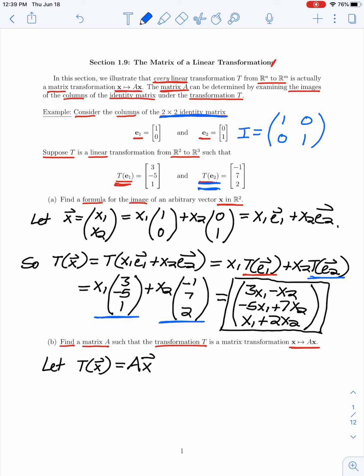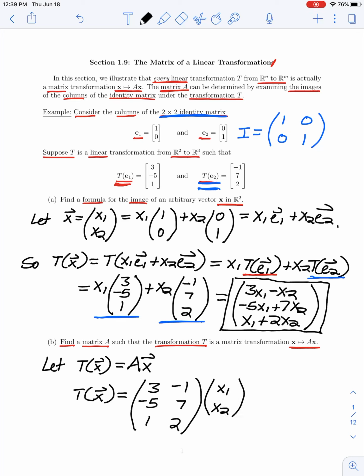So that vector equation I can rewrite as the following matrix equation. Instead of writing it as that linear combination, I can write this in matrix form as the matrix A, whose first column is (3, -5, 1) and whose second column is (-1, 7, 2), multiplied by some arbitrary vector x in the plane, whose components are x1, x2.